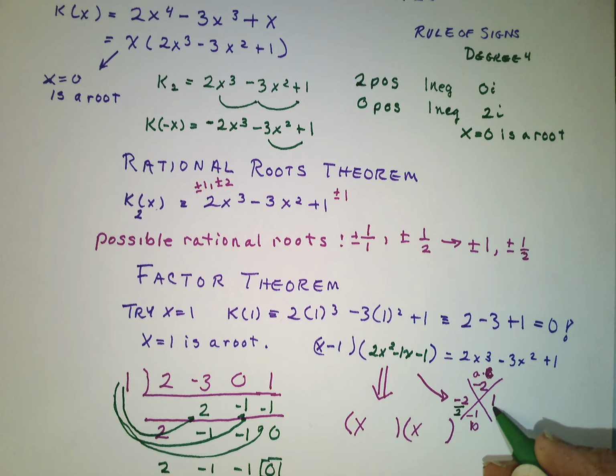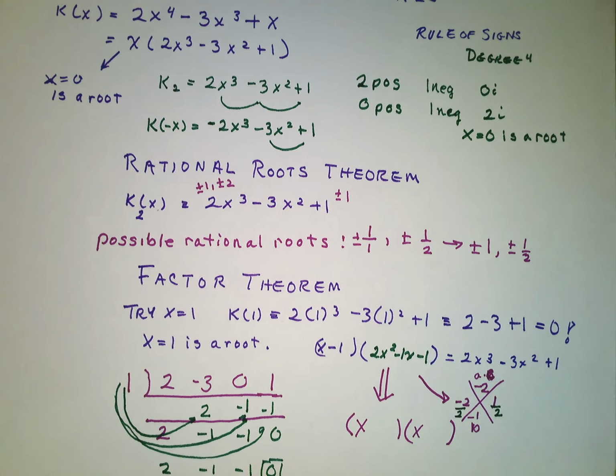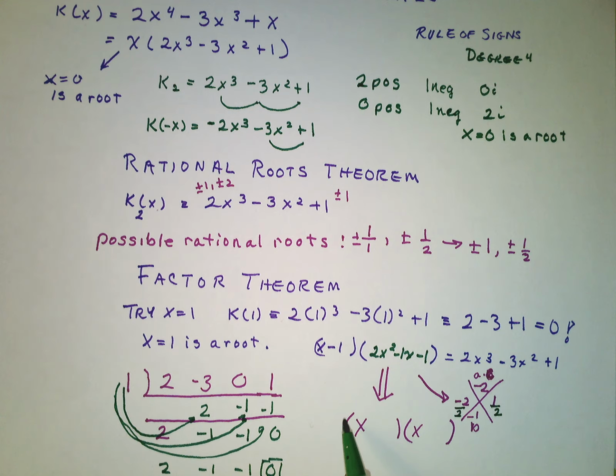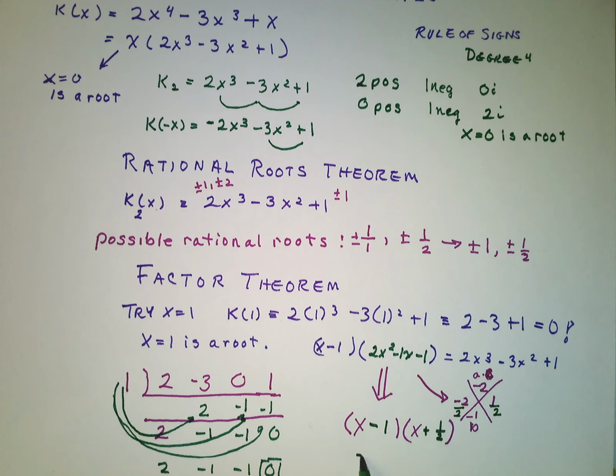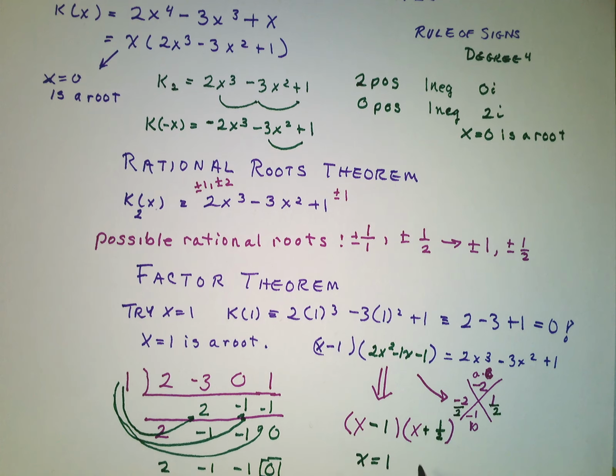So we can divide them each by 2. So the one factor is going to be x minus 1. And the other factor is going to be x plus 1/2. Because this reduces to -1, this stays 1/2. That means x is going to equal 1, or x is going to equal -1/2.